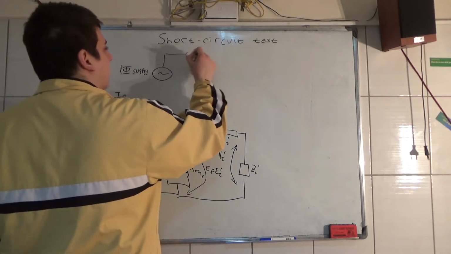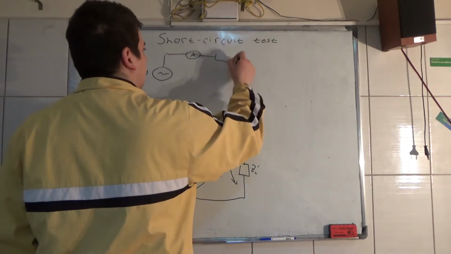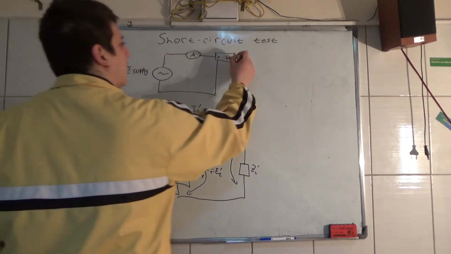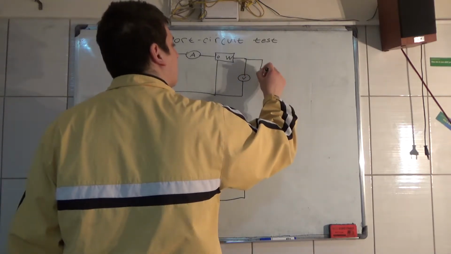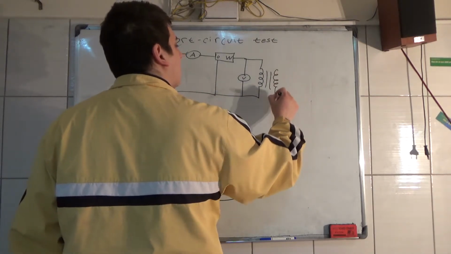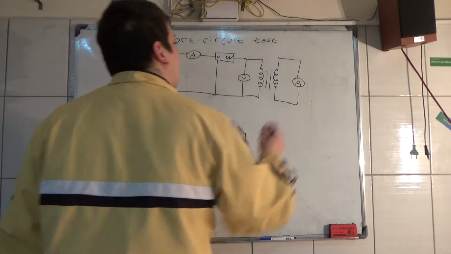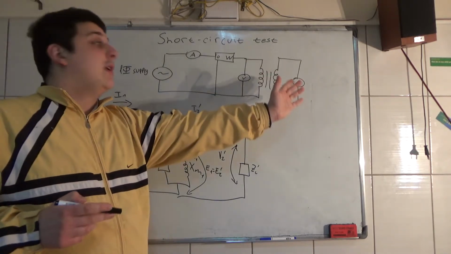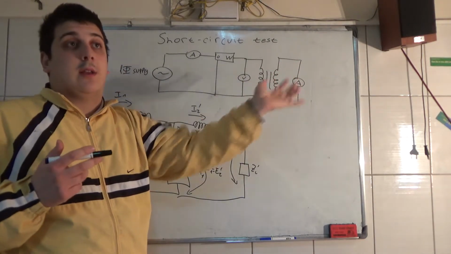We have an ammeter, same as the open circuit test. But as the name tells you, the secondary now, or the low voltage side, is short circuited.